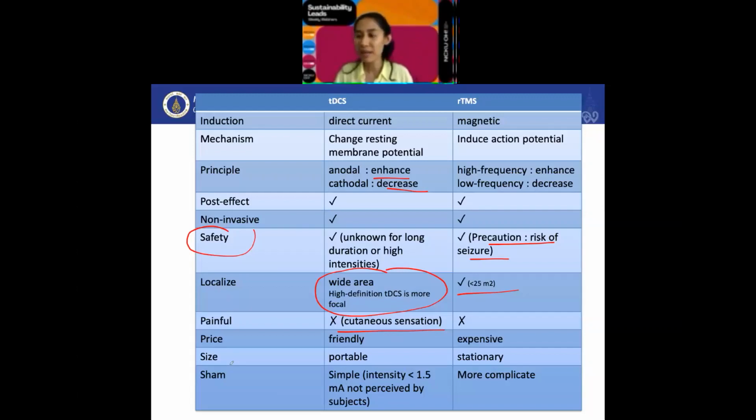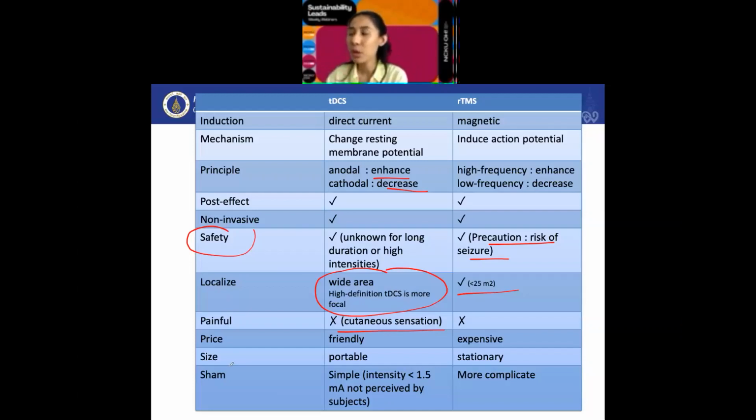And sham is easy, because with sham stimulation we can give the stimulation intensity for maybe just less than 1 minute to give the sensation to people, and then you stop the stimulation. Because the pioneer study tells us that you need at least 2 minutes to induce an after effect.